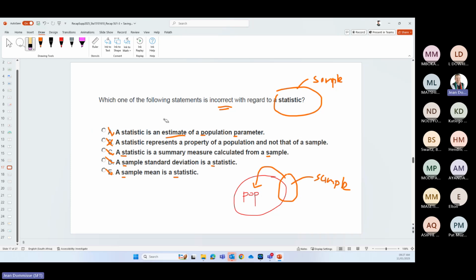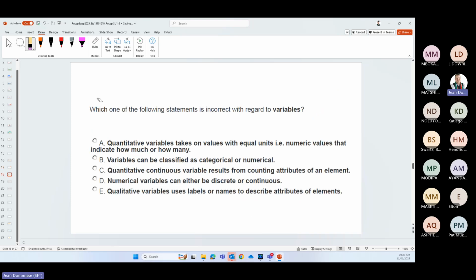Okay, so then I thought to also include things around variables, and again, how they will mix it up.